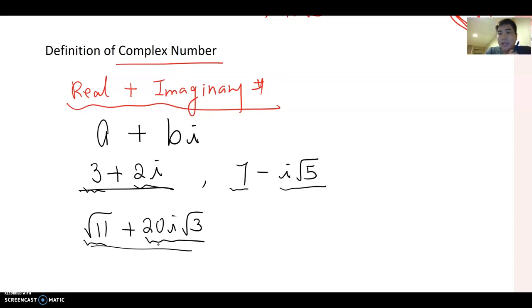So we cannot combine real and imaginary together. That's the reason we keep the combined form or summation form. That's the reason we keep it as a plus bi. From the next video we talk a little bit more about complex numbers and also simplifying i values as well. Okay.